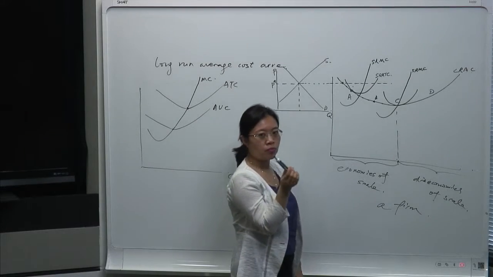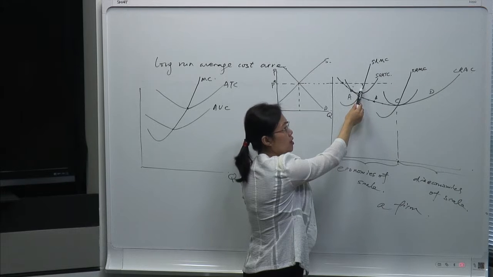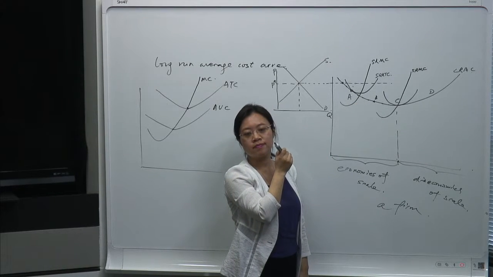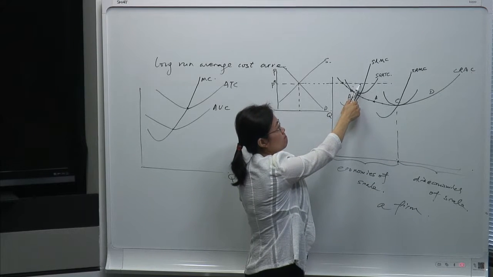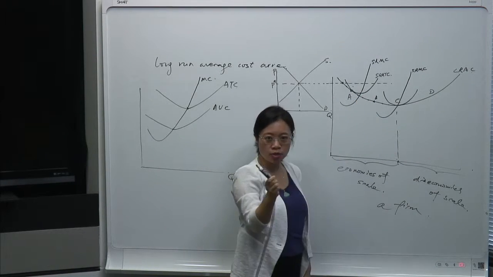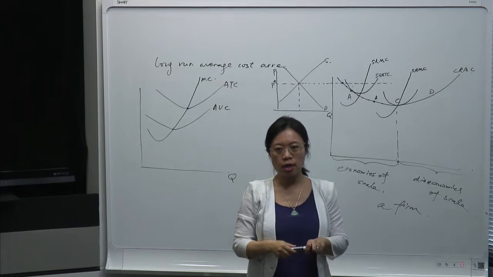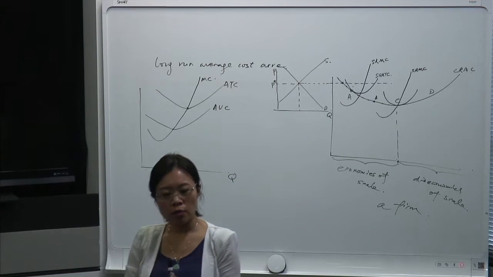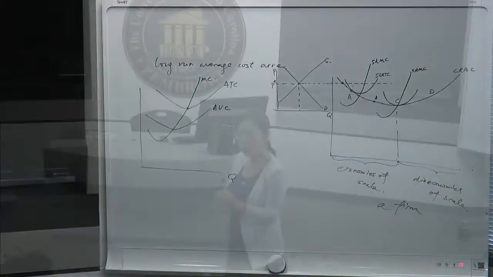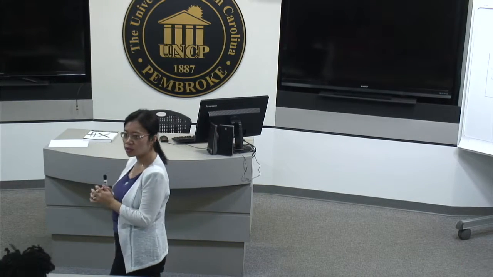So the price is right here. This is the price, and this is our short-run average total cost. Can you tell me whether this firm is making positive, negative, or zero economic profit?